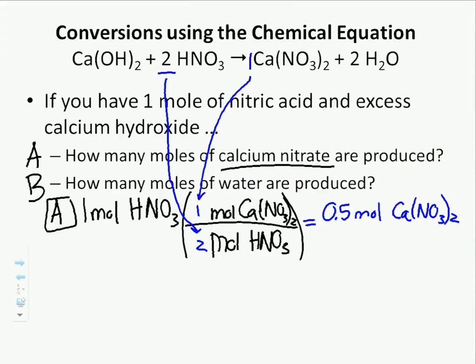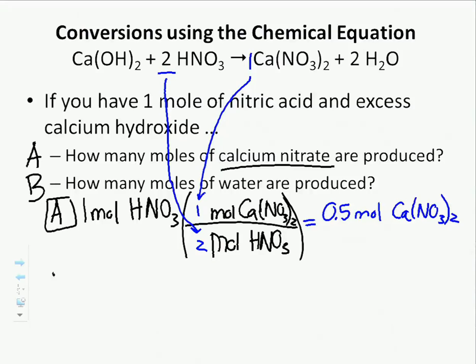Note here that it is definitely possible to have small fractions of moles. You can have half a mole, you can have 0.00079 moles. Because think about it. If you have half a mole, you still have 3.011 times 10 to the 23rd molecules. You still have a lot of sample. So don't get freaked out by small moles. It's perfectly fine.